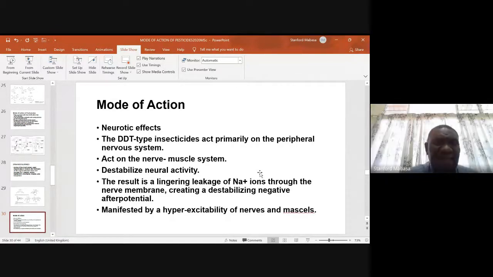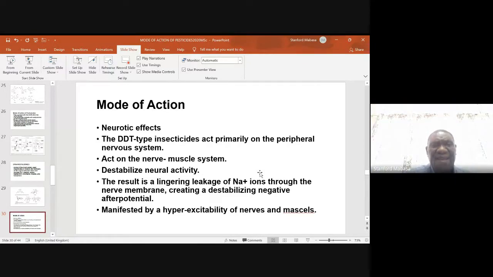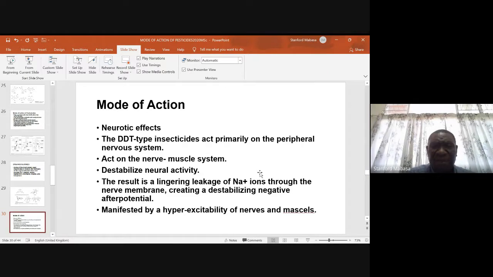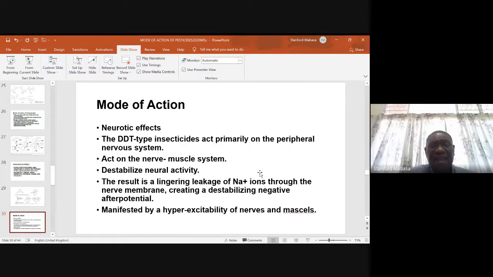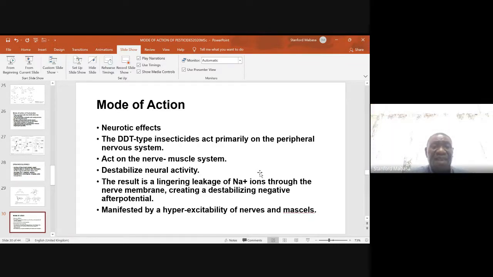Now, DDT has got neurotoxic effects. The DDT affects the peripheral nervous system. It can act on the nerve muscle system. It destabilizes neural activity. The result is that you have got a leakage of sodium ions through the nerve membrane.